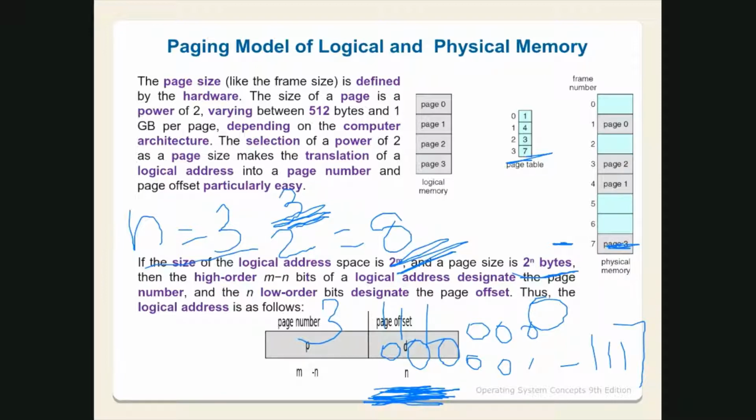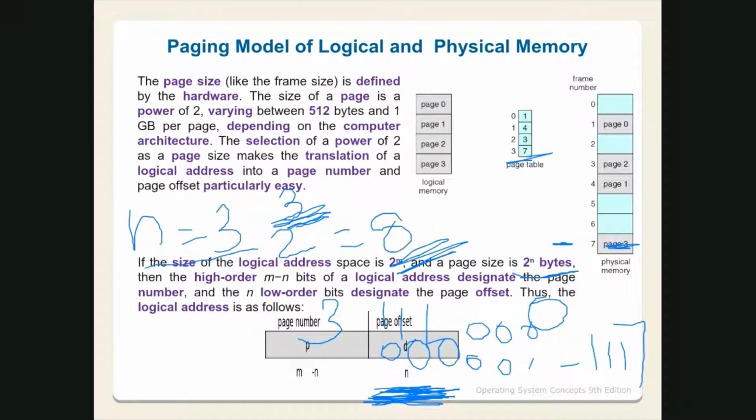And then m represents the logical address space. The size of the logical address space is 2 power m. So if I say m is equal to 16, then 2 power 16 is the logical address space. I would like to give an example for this.